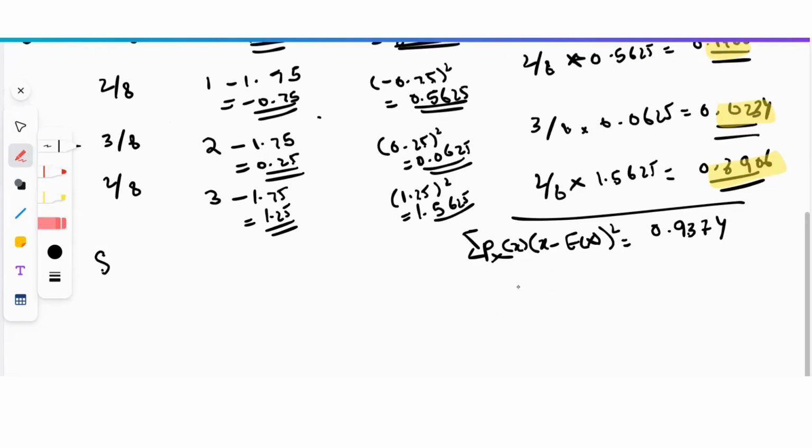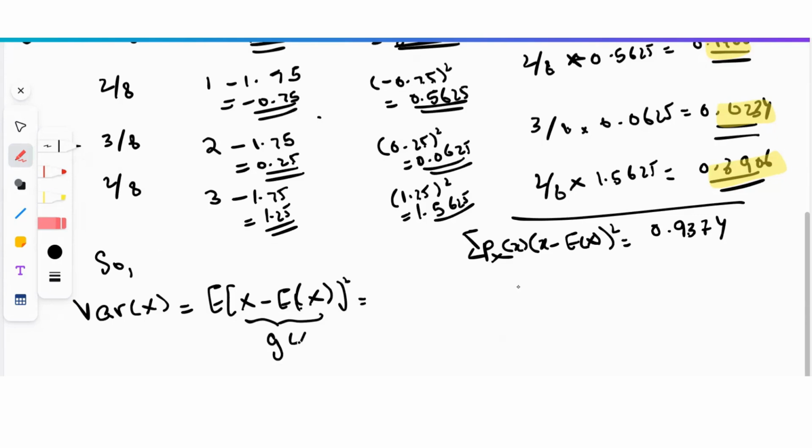So essentially, using the method by definition, we said the variance of x is the expected value of x minus expected value of x squared. This is by definition. And then using the fact of how to find the expected value of any function of random variable x, where this is just simply g of x in this case, we know this is going to be summation p of x into g of x.